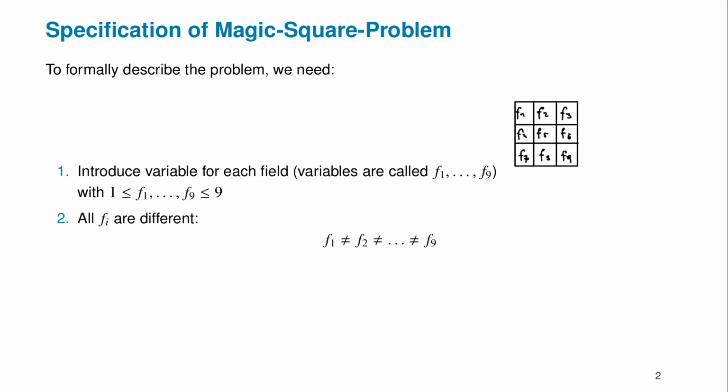Then we need a constraint that says that all of these variables have a different value. So all variables are different.